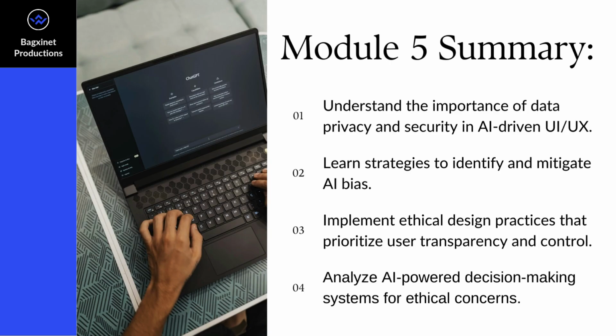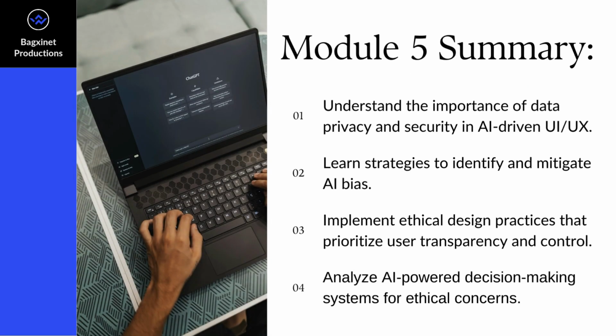Additionally, it is also expected of you to learn strategies in order to identify and mitigate AI bias. Again, by the end of this module, as a participant, you will learn how to implement ethical design practices that prioritize user transparency and control.